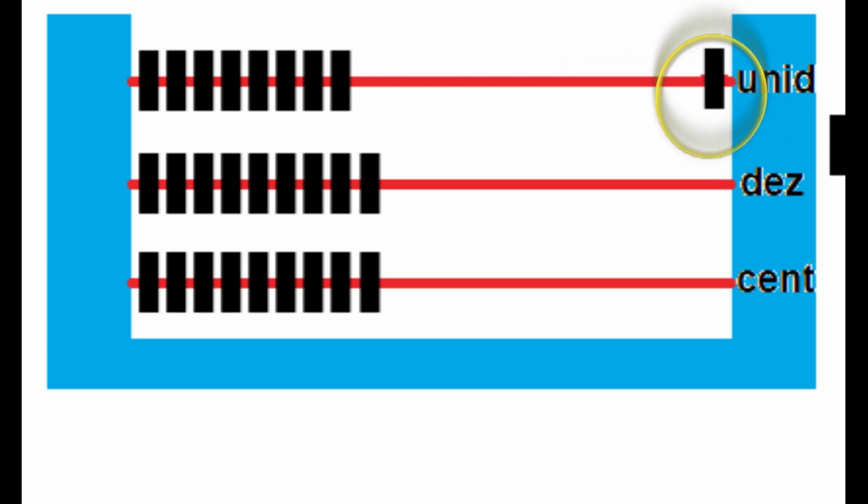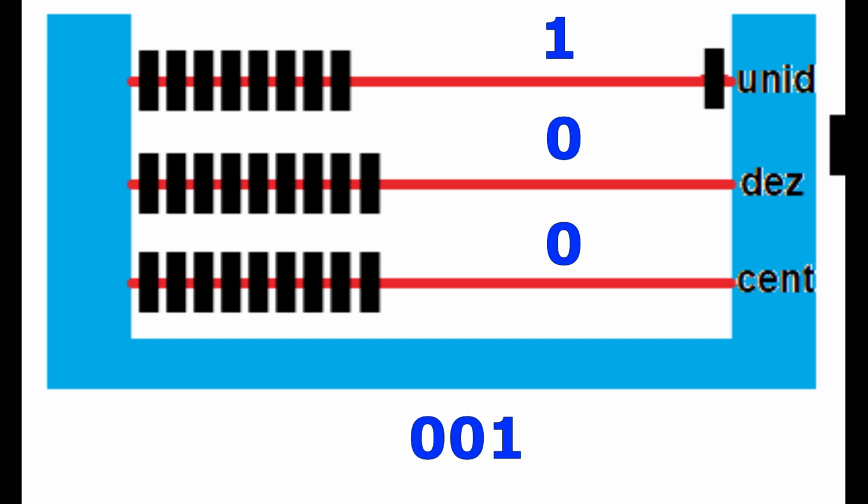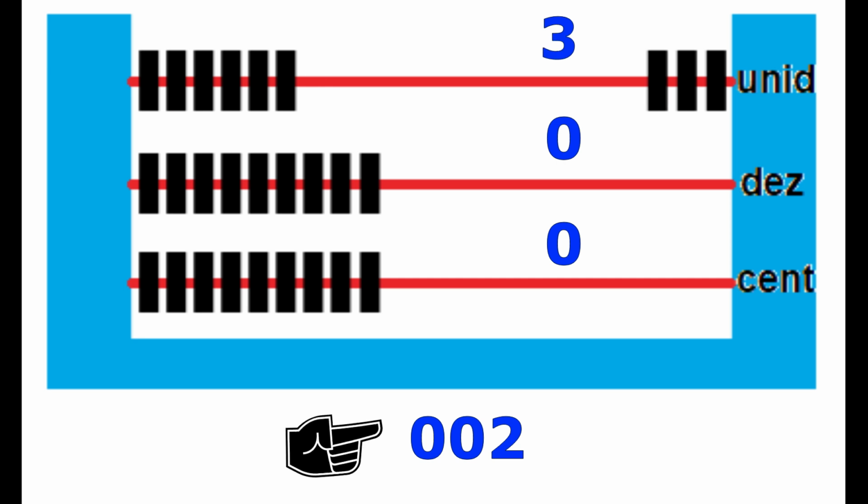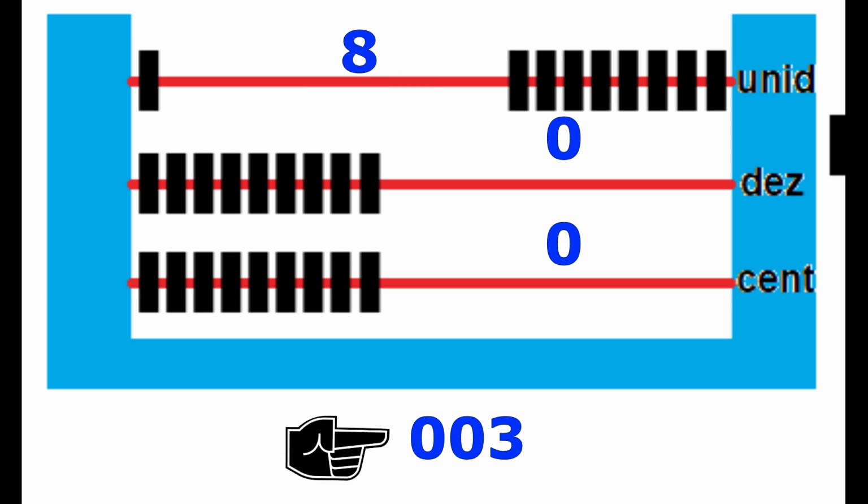By moving 1 bead to the right, we represent the number 1: 1 unit, 0 tens, and 0 hundreds. Moving a second bead represents 2, and a third represents 3. Continuing this pattern, moving 8 beads represents 8, and 9 beads represent 9.